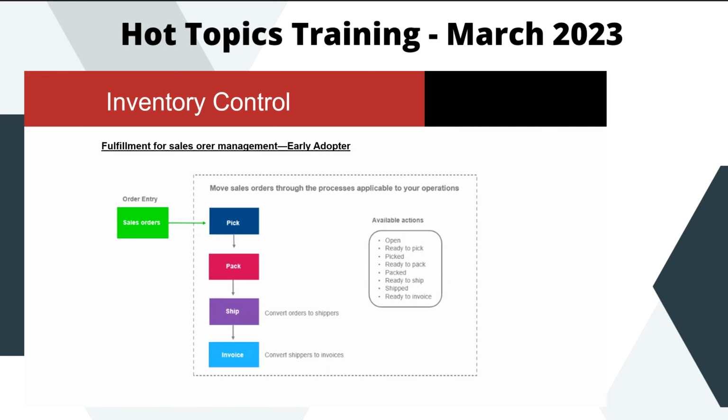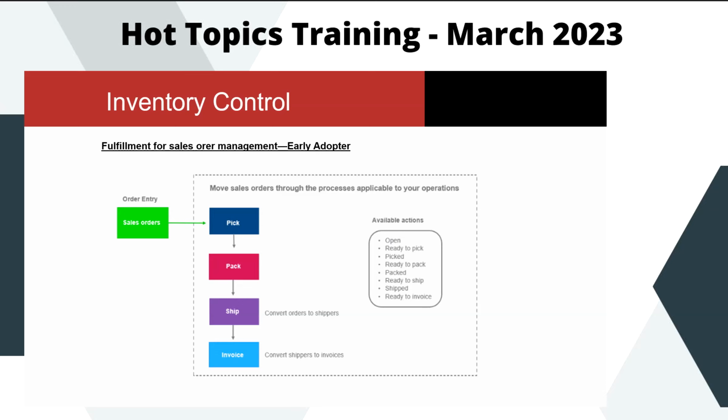This fulfillment gives warehouse managers and workers the tools to track and ship sales orders in a timely fashion to keep your customers and users happy. It also provides pick and pack lists, which makes the job of the pickers and the packers on the warehouse floor more efficient and less costly.